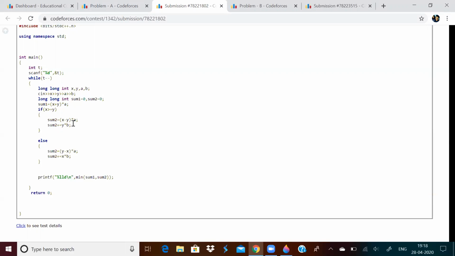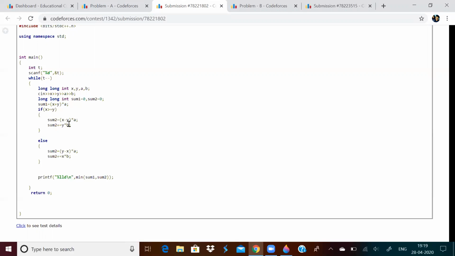So what is my sum2? My sum2 is the sum of these two. Basically, if x is greater than y, I will bring x to y by doing the first operation. Once x and y are equal, I will do the second operation, that is pay $b. Initially, I'll pay $a till x is equal to y. Then I will pay $b until both are equal to 0.